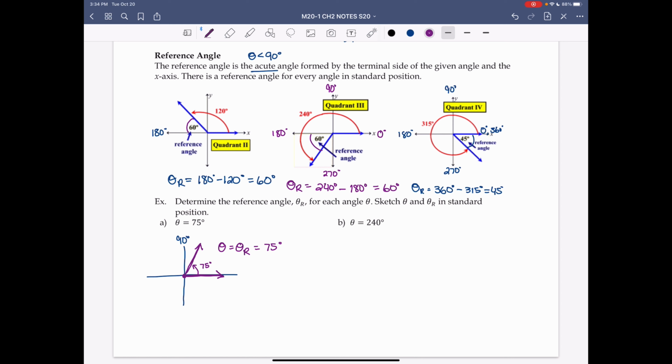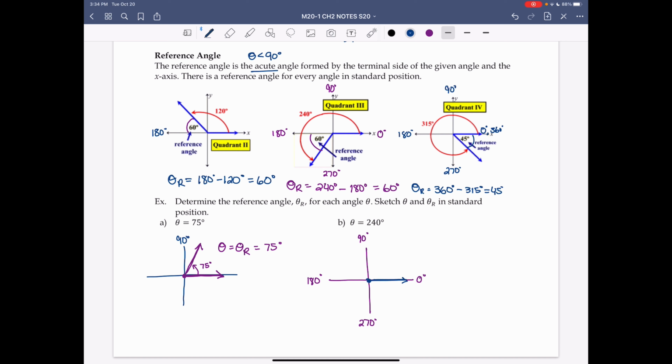Next one, theta equals 240. We know this is 0 degrees, 90 degrees, 180, and 270. Our angle starts on the positive x-axis.